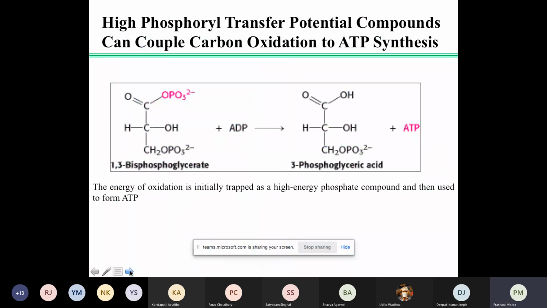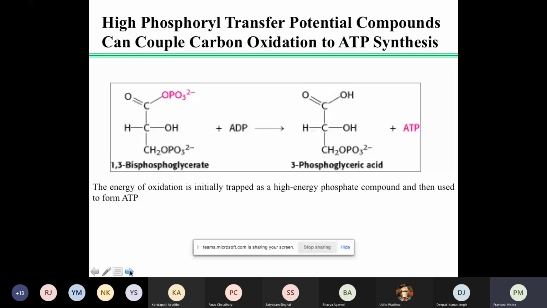Now, in the previous slide, when I said high phosphoryl group transfer potential molecule, this is one example where 1,3-bisphosphoglycerate is a compound which is synthesized by metabolism of your glucose molecule, and this molecule is converted into 3-phosphoglyceric acid. And during this process, one of the phosphoryl groups from 1,3-bisphosphoglycerate is transferred to an ADP molecule.